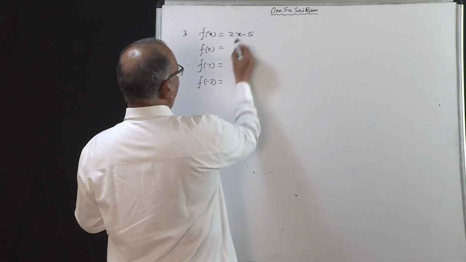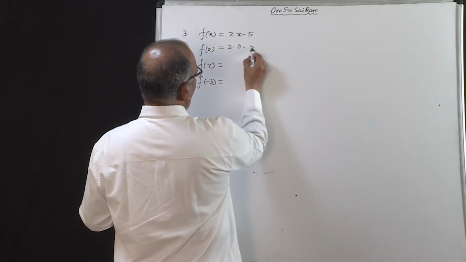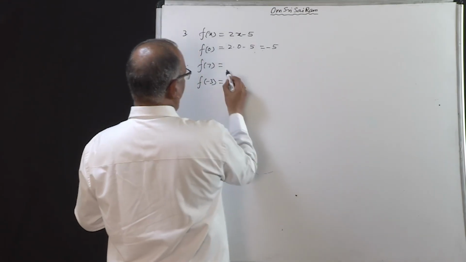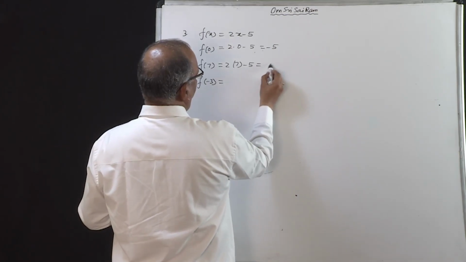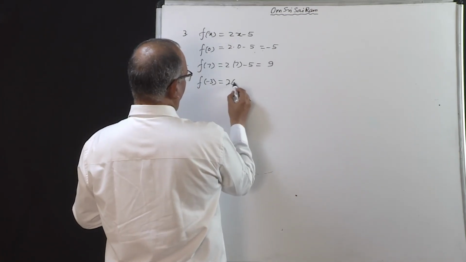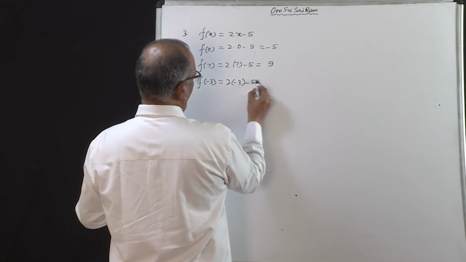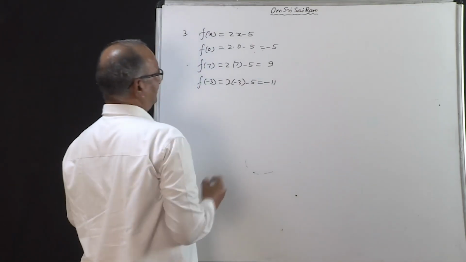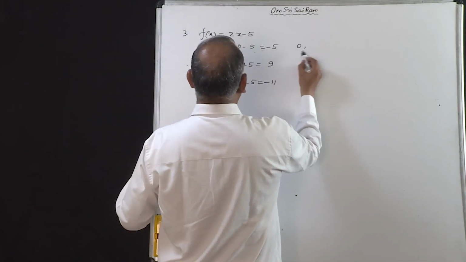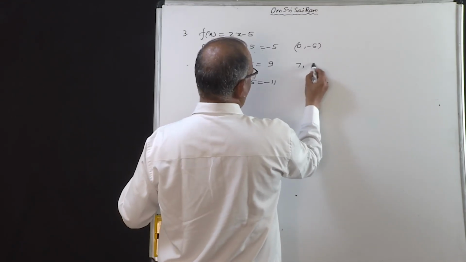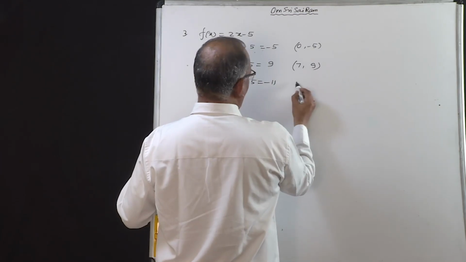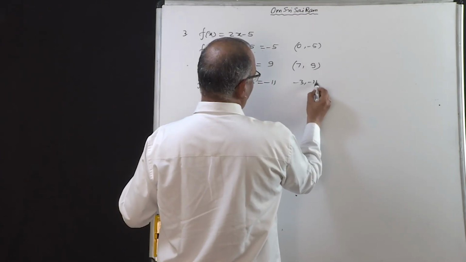Wherever x is there, write 0. It is 2 into 0 minus 5, 2 into 7 minus 5, 2 into minus 3 minus 5, which is minus 11. So when it is 0, it is minus 5, when it is 7, it is 9, and when it is minus 3, it is minus 11.